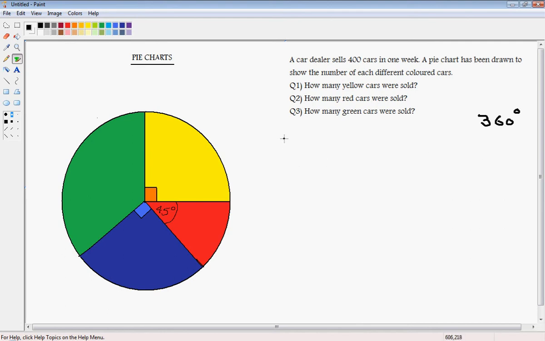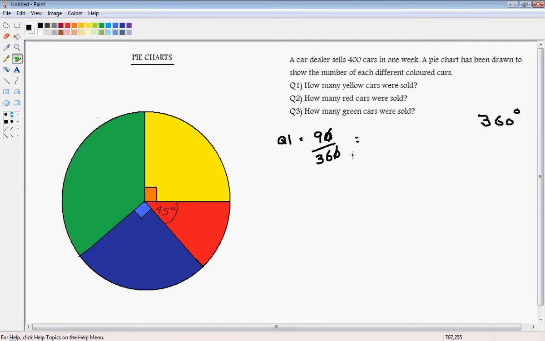So question 1 would be 90 degrees of the 360. If you have problems with this, go back to cancelling fractions. I can see that the 2 zeros can cancel, so I get 9 over 36.